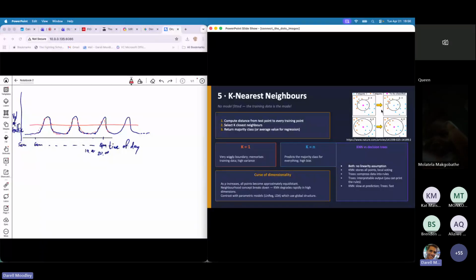Now, k is specified by the user. If you're going to run this model, you need to specify k beforehand. And sometimes you may ask, what value do you choose for k? It's not an easy, clear-cut answer. You definitely don't want to choose k as big as the number of data points you have.